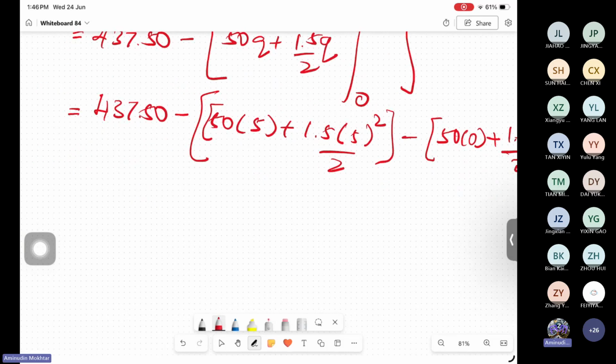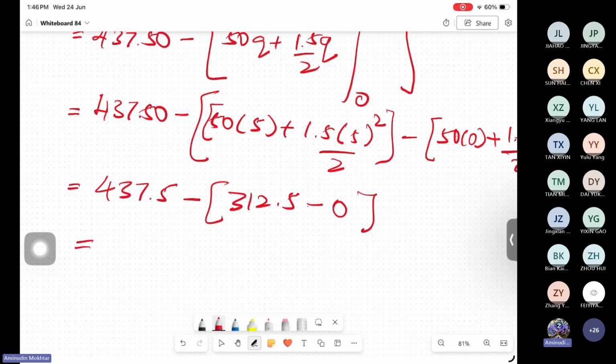So the total answer is 437.5 minus 312.5, and then minus 0. Then the answer is RM 125.